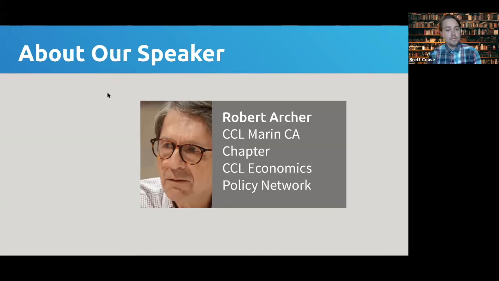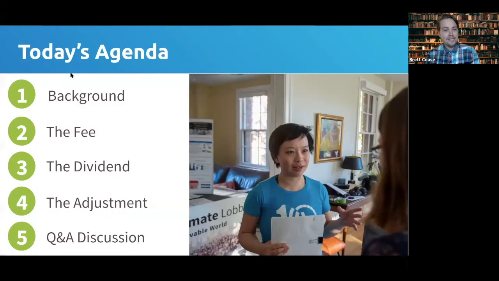And he comes to us tonight with over 30 years of experience working on economic policy for national and DC interests. And he's now serving as the co-chair or the lead of CCL's Economics Policy Network Action Team. And I can let Bob speak more to that team as he presents tonight.